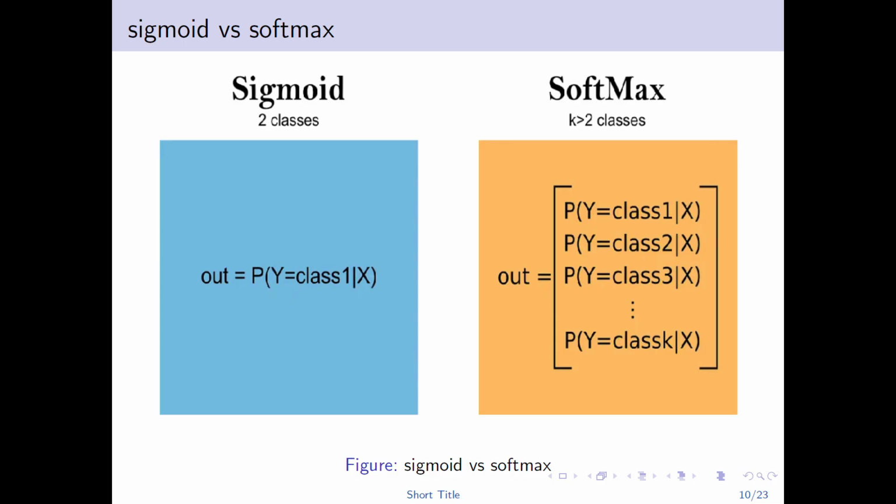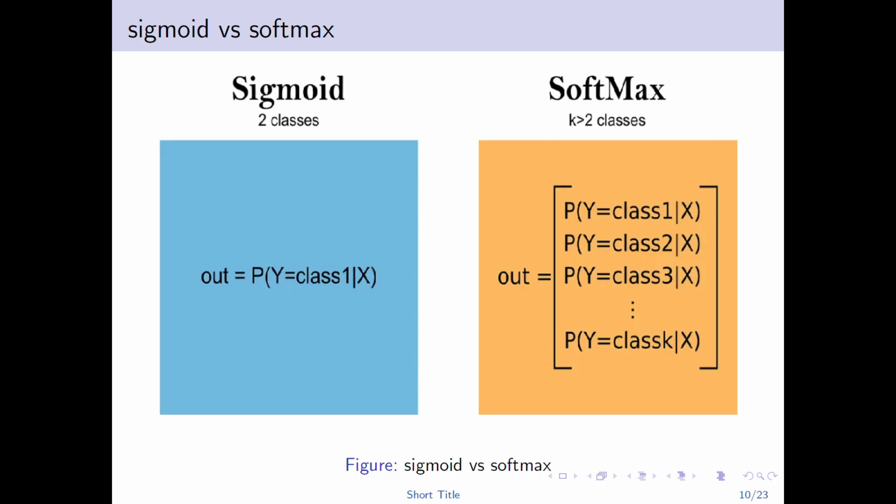The sigmoid activation function shows, given an input x, the probability that x belongs to a particular class 1. The probability of the input belonging to the other class is 1 minus the probability that we got for the first class.